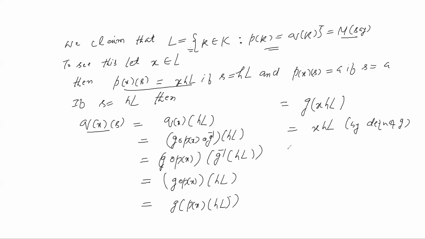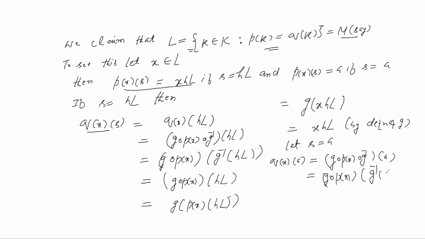Likewise in the other case, let S is A. Then again see what Q_X(A) is. Again it is G composition P_X composition G inverse of A. It is G composition P_X of A of this G inverse of A. Now G inverse of A is L by definition.